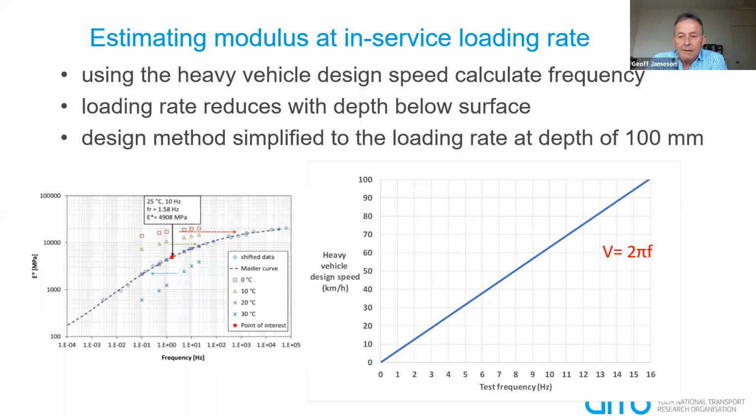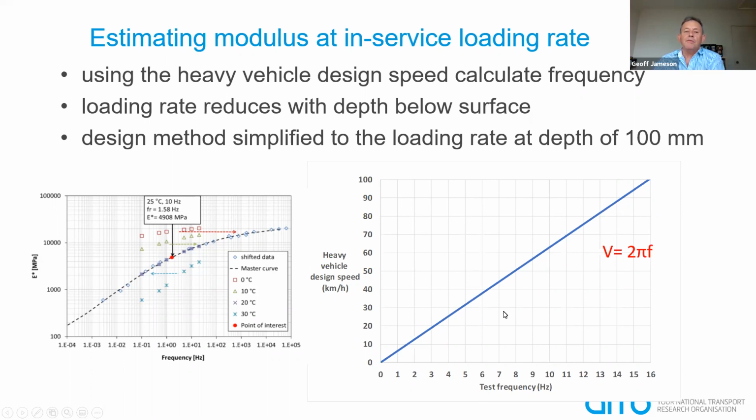For example, if the heavy vehicle design speed is about 60 kilometres an hour, the frequency at which you should do the laboratory test is about 10 hertz. So we have a simple process to relate a design speed for the heavy vehicles for your particular situation to select what frequency to base your design modulus on.